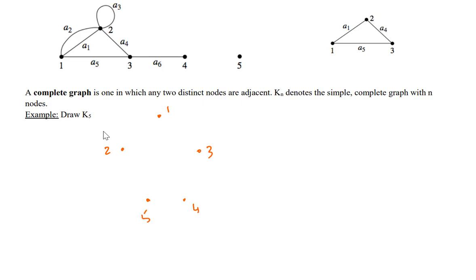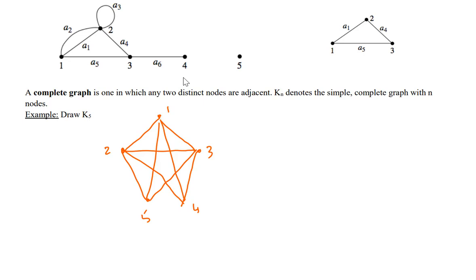And every node is connected with the other nodes. So 1 is connected with 2, 3, 4, and 5. 2 is connected with 1, 3, 4, and 5. 3 with 1, 2, 4, and 5. And 4 with 1, 2, 3, and 5. And 5 is connected with 1, 2, 3, and 4. So this is K5, because every node is connected with every other.